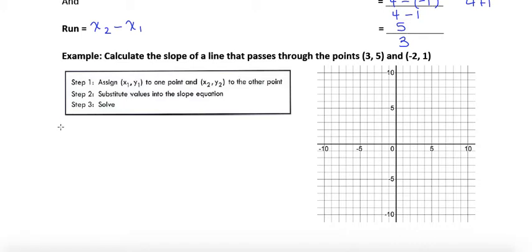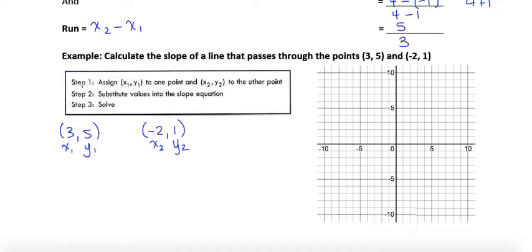So sometimes you might just show underneath your points that this is going to be x1, y1, and then for your second point, x2, y2. And again, if you switch these up, that's fine, okay?